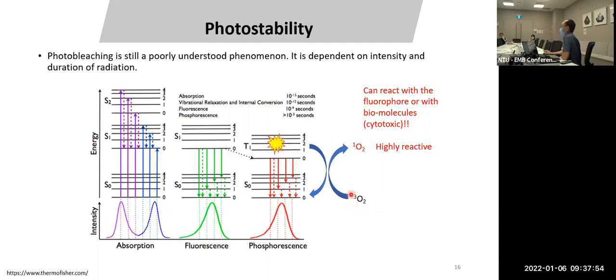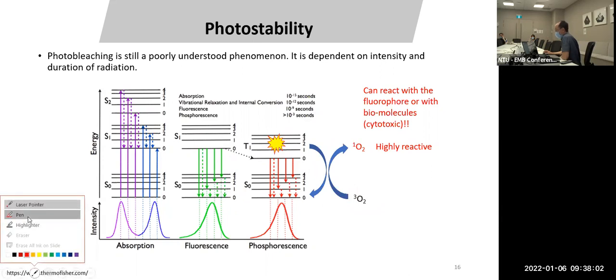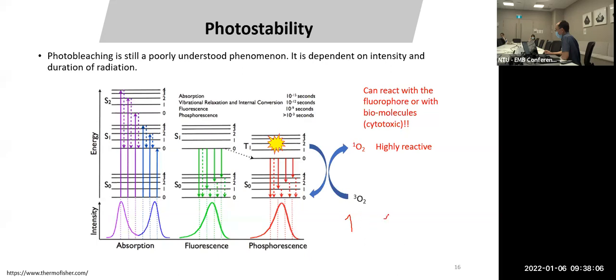Basically, the oxygen that we breathe is actually triplet oxygen, meaning that it has two electrons that have the same spin. It does not mean that it's reactive, but the triplet oxygen will actually react with the excited triplet state.